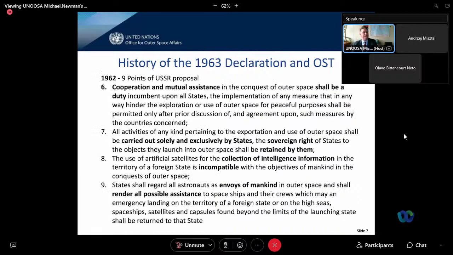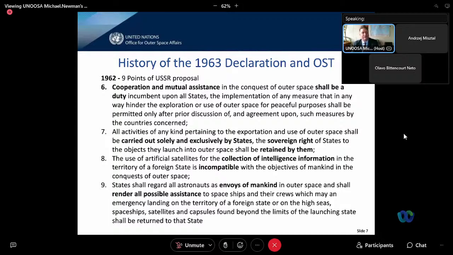And then continuing on, the interesting part about the Soviet proposal was that cooperation and mutual assistance would be a duty incumbent on all states, a requirement to engage in international cooperation and mutual assistance. And that activities pertaining to the exploration and use shall be carried out solely and exclusively by states.